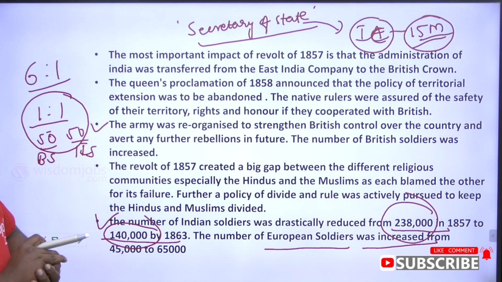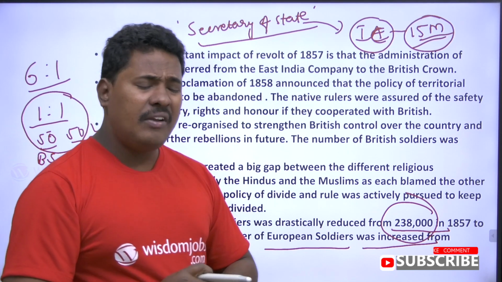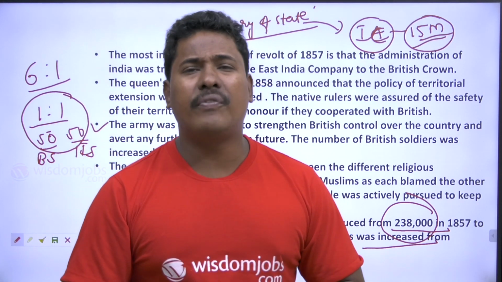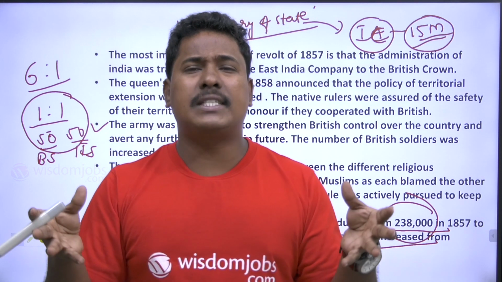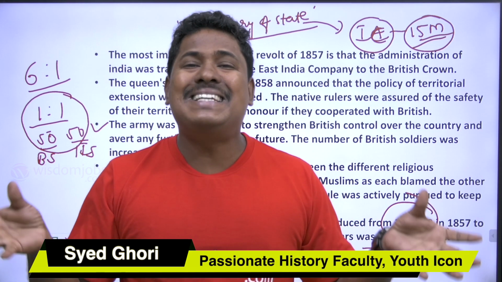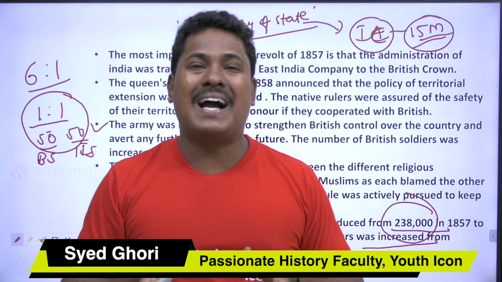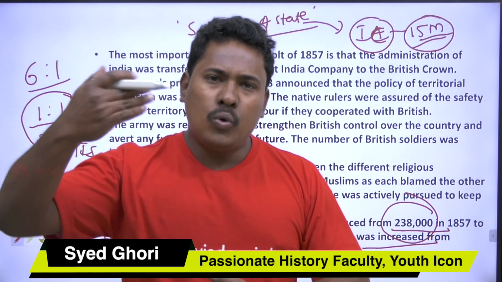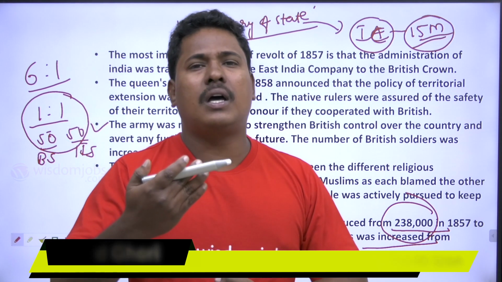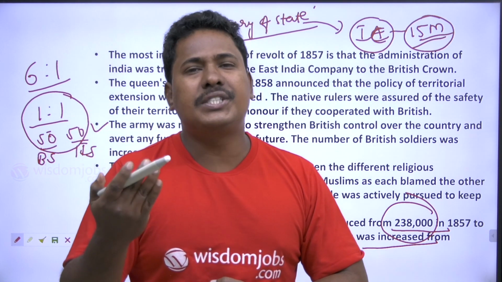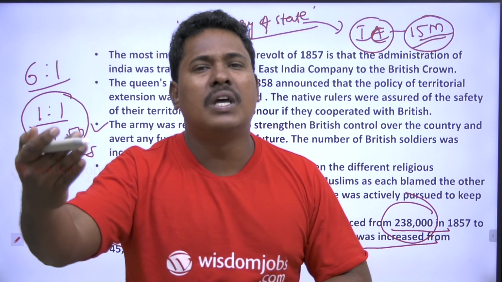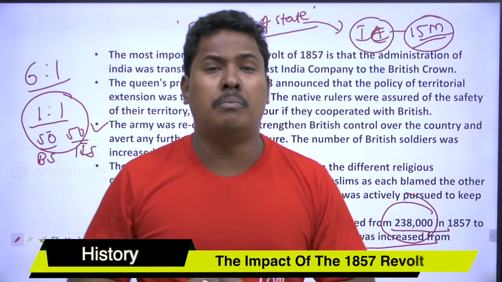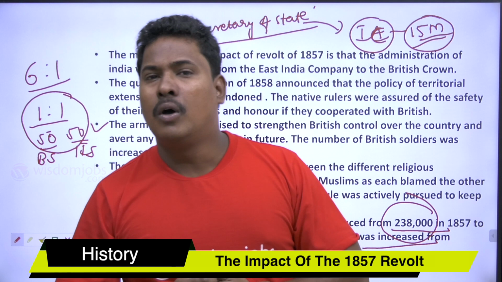One more thing: the 1857 revolt created huge differences between the two great religions of India, Hindus and Muslims, causing divide and rule. Prior to the 1857 revolt, the British gave shelter to Hindus, rejecting the policies of Muslim Nawabs or rulers.